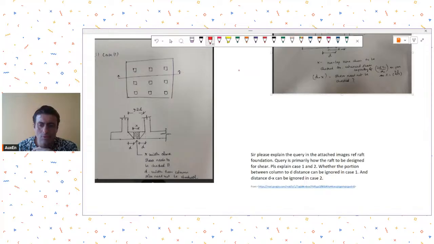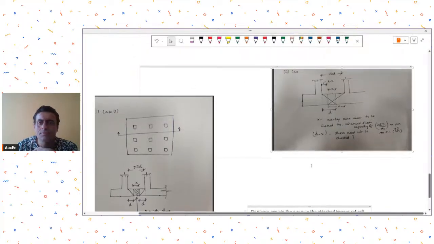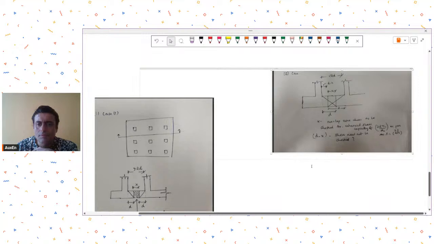Please explain case 1 and 2, whether the portion between column to d distance can be ignored in case 1 and distance d minus x can be ignored in case 2. Overlap zone shear to be checked for enhanced shear, yeah, correct. d minus x shear not to be checked.